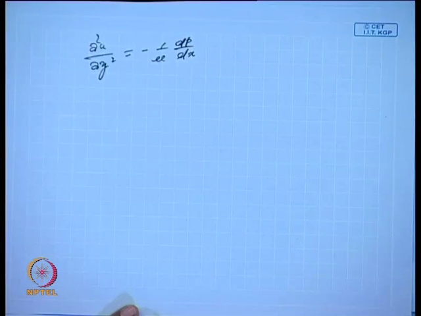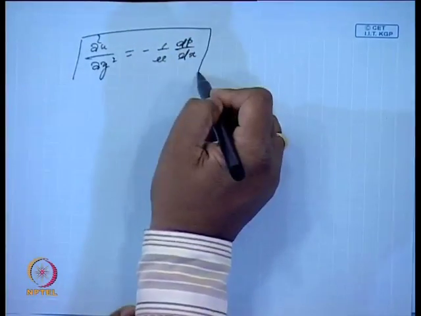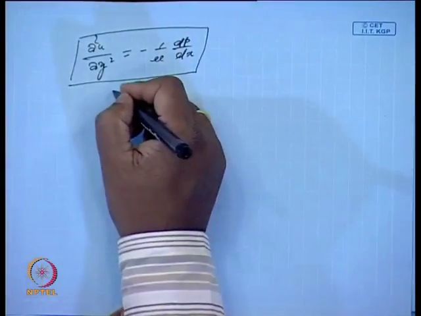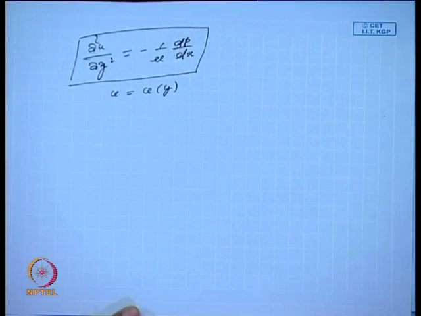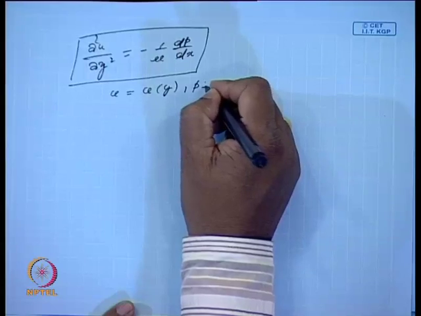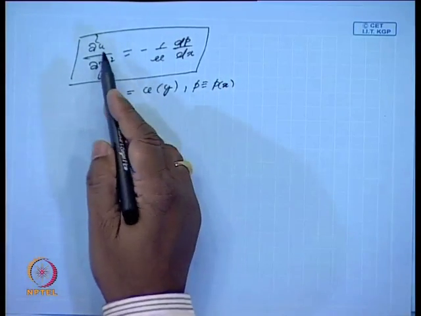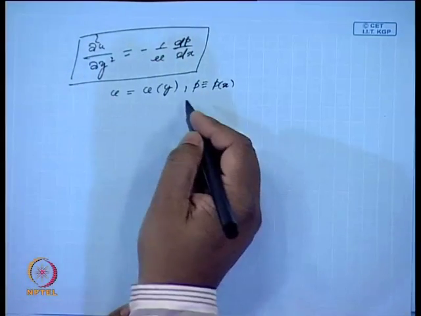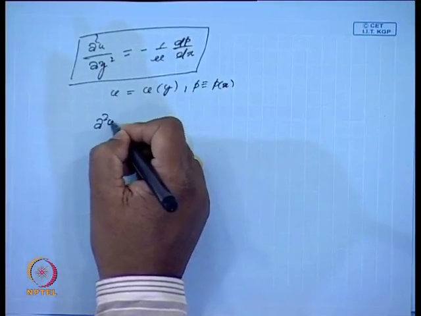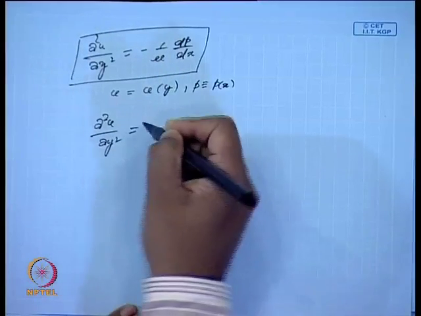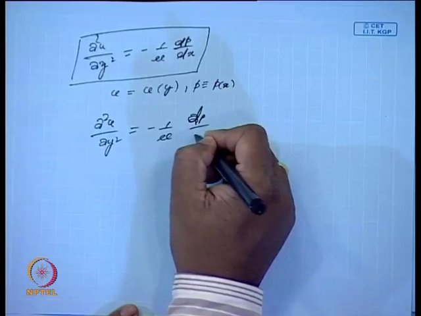Now, this is for the two dimensional flow, where u is a function of y and p is a function of x. If I assume the pressure difference is known, then I will have del square u by del y square is equal to minus 1 by mu dp by dx.